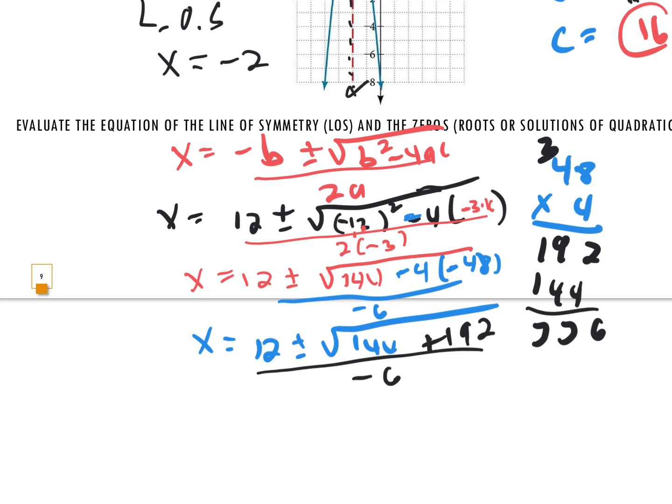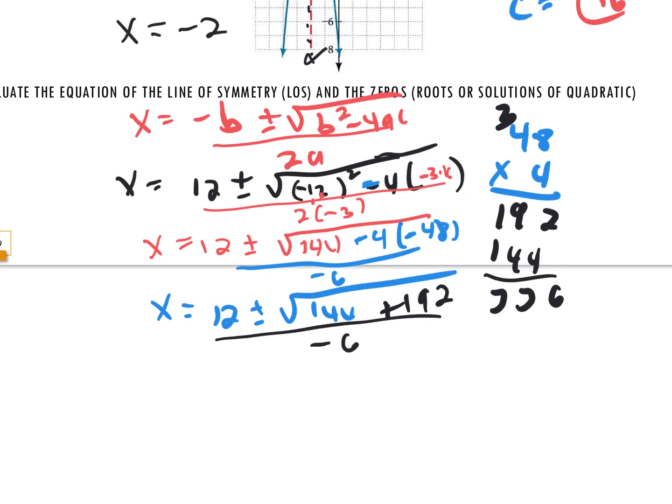I'm just surprised how this is not a fun problem because the numbers are kind of big. But I'm going to keep going. Equals 12 plus or minus the square root of 336 all over a negative 6. A lot of people will stop there, and I get it.